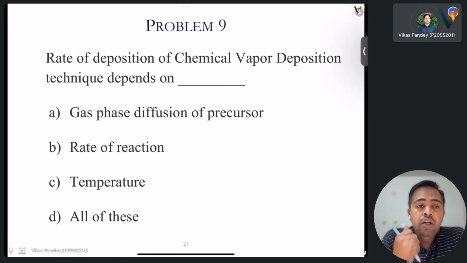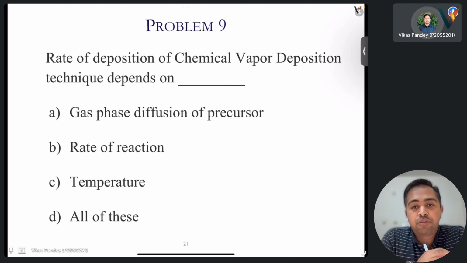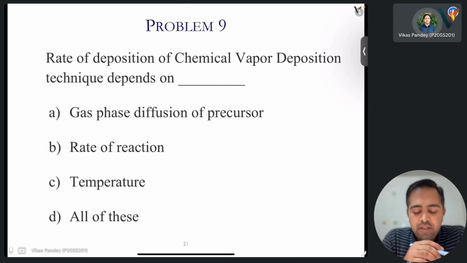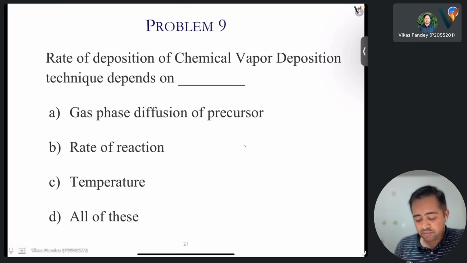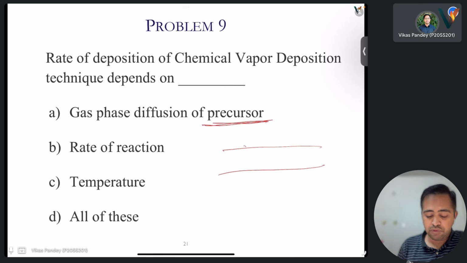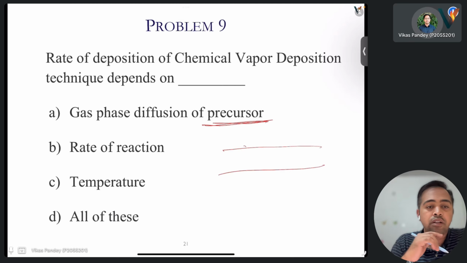Okay. The rate of deposition of the chemical vapor deposition technique depends on gas phase diffusion of the precursor, rate of reaction, temperature, or all of this. In case of CVD, how well the precursor is diffusing in the gas phase, how well it has diffusibility, that is one factor.